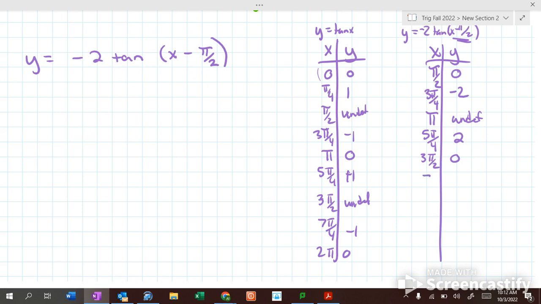And then it's 7 pi over 4, -2. 2 pi, undefined. 9 pi over 4, 2. And 5 pi over 2, 0.